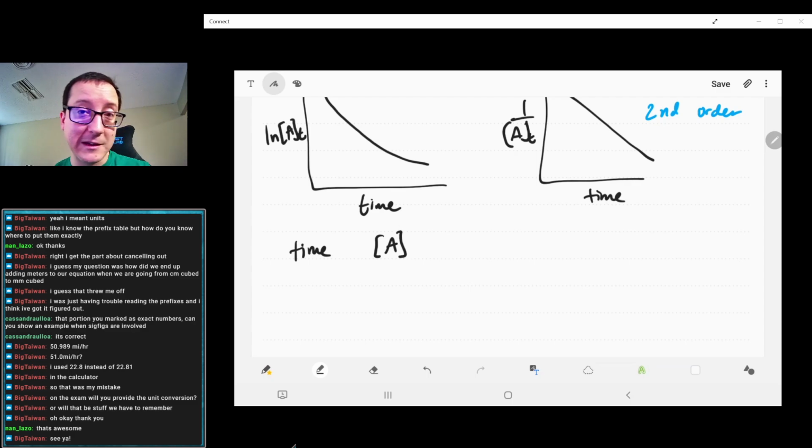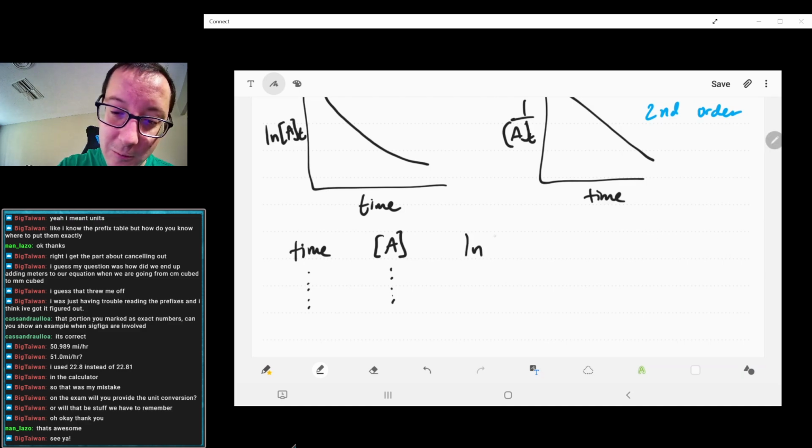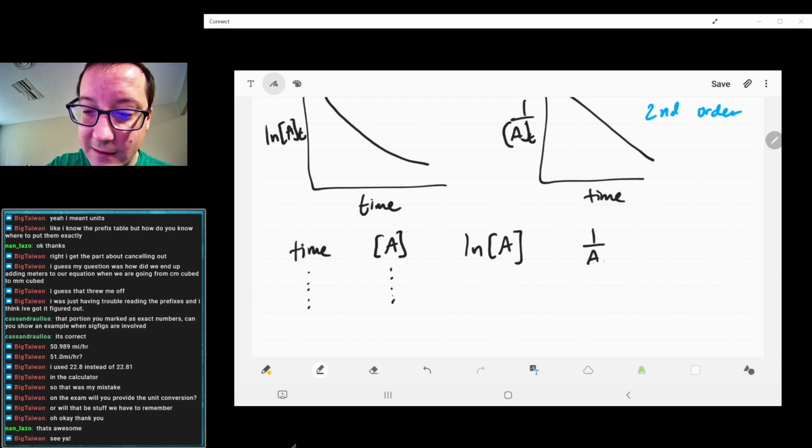So these would be the data you collect. Maybe every 30 seconds or every 2 minutes you're taking a measurement. And then you would figure out the natural log of A, as well as the inverse of the concentration of A. You would end up calculating these two.